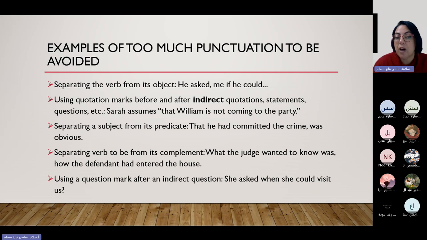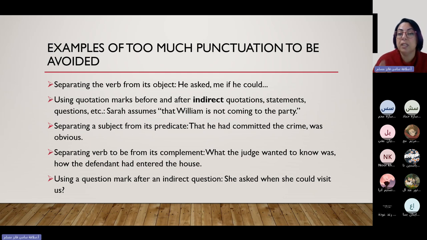Separating a subject from its predicate. We never put a comma or period or whatever between the subject and the predicate. That he had committed the crime was obvious. This whole part is the subject, and this is the predicate; we never put a comma between them. Separating the verb to be from its complement.